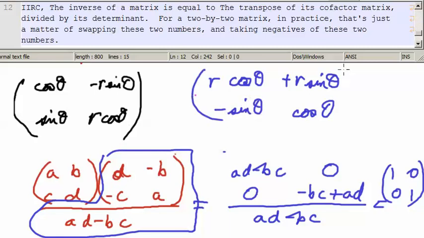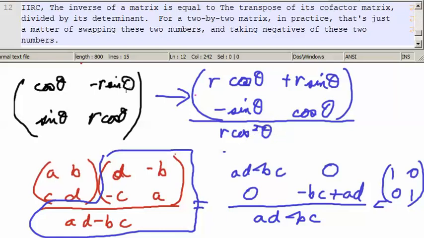And that should be the inverse of that. But then I have to divide by the determinant, which will be r cosine squared of theta minus r sine squared of theta. No, minus negative r, so it'll be plus r sine squared theta.